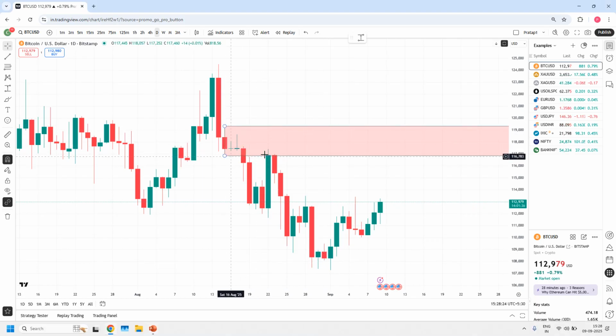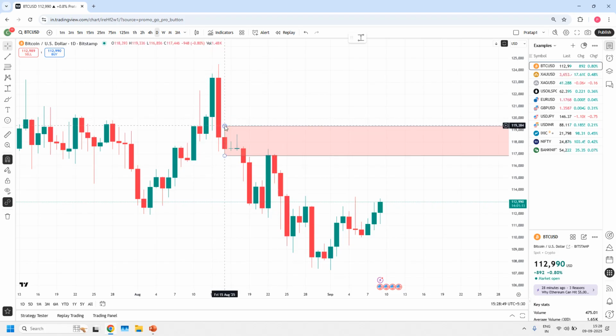Suppose you are planning your trade in the supply zone. Your entry is your proximal line. Your target is the demand zone's proximal line. Your stop loss is the distal line. And risk is your entry minus stop loss. Where is your entry here? The low of this zone. Where is the stop loss? The high of this zone.